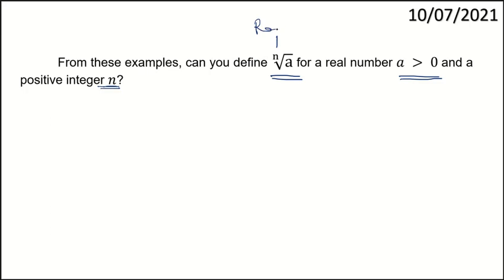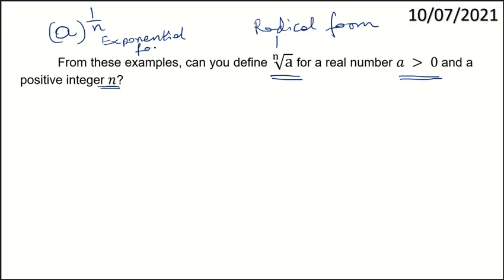This is called radical form of a to the power 1 upon n. This is called exponential form. From this exponential form, we have converted into radical form.